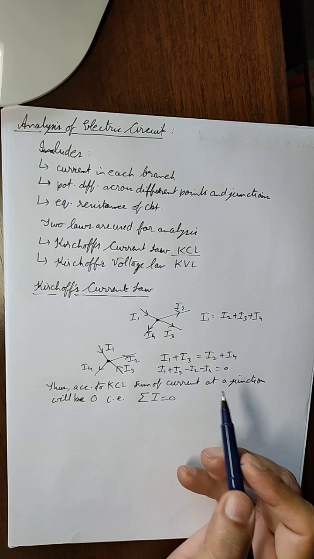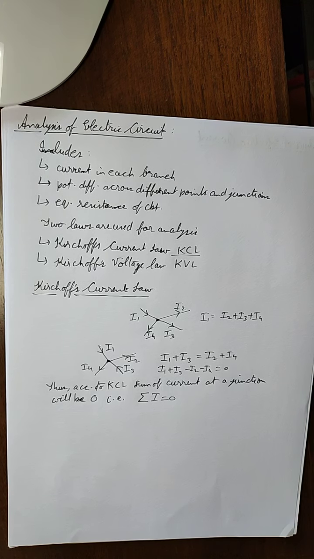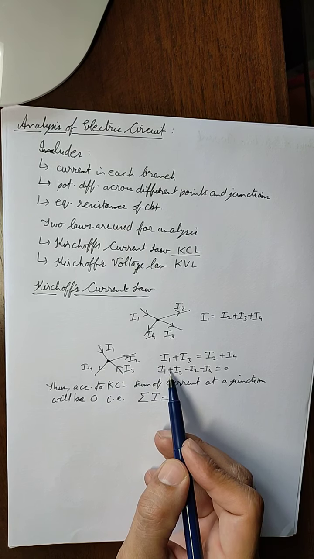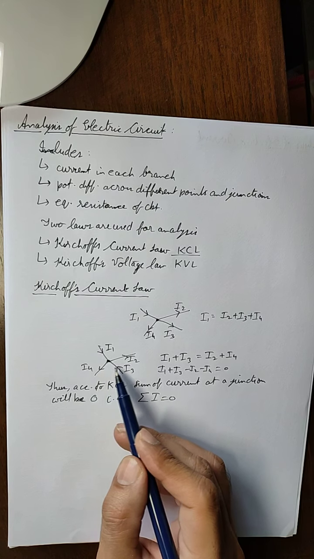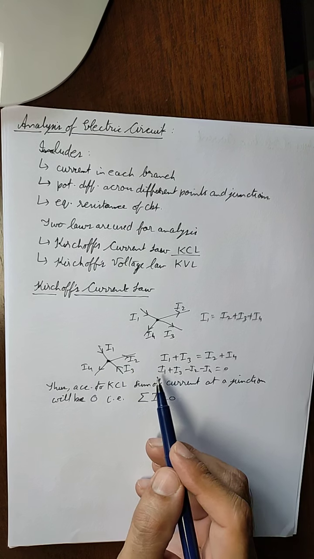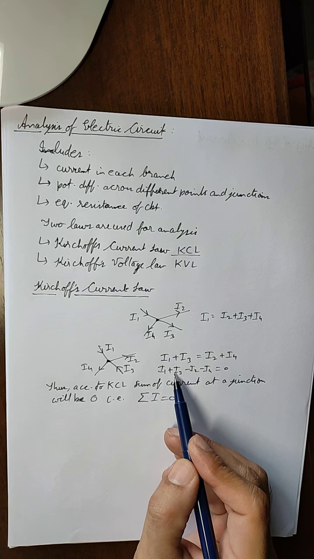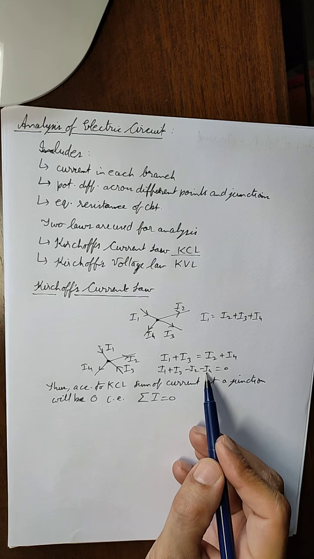Now the plus and minus signs are decided by us. Generally we take the direction of current as the positive direction. Since I1 and I3 are coming inward, we are taking them positive, and I2 and I4 are going outward, so we are taking them negative. We can also take the reverse directions, and in that case I1 and I3 will be negative and I2 and I4 will be positive.